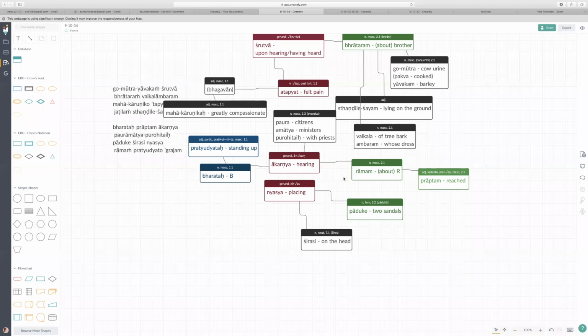So Bharata, standing up, having heard along with his citizens, ministers, and priests about Rama who has reached, and placing the two sandals that Rama actually has given him on his head, and tomorrow we'll read the rest.